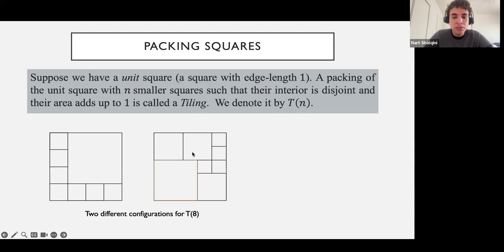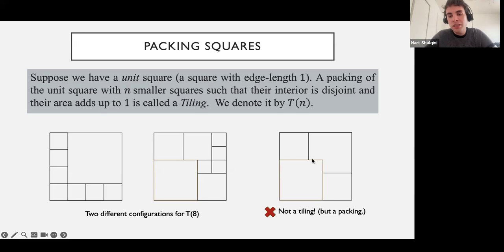Here I have two different configurations for T of 8. The one on the left appears to be slightly more symmetric. The one on the right has 3 different tile sizes. However, this one over here, although it's a packing, it's not really a tiling because the smaller squares do not entirely cover the big square.